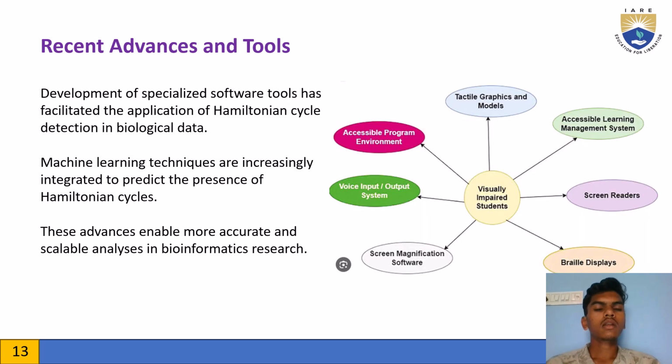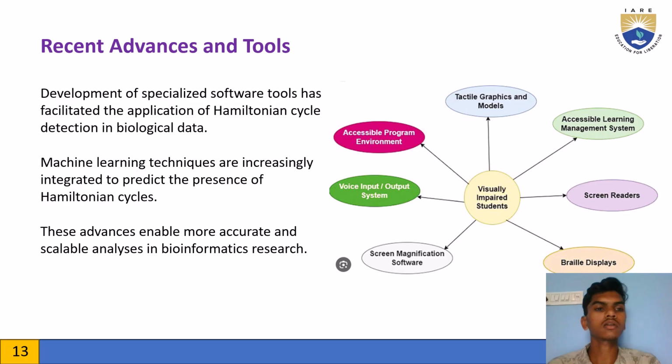Recent advances and tools. You can see some tools for visually impaired students, which are a voice input output system, accessible programming environment, and screen magnification software. These are some recent advanced tools.